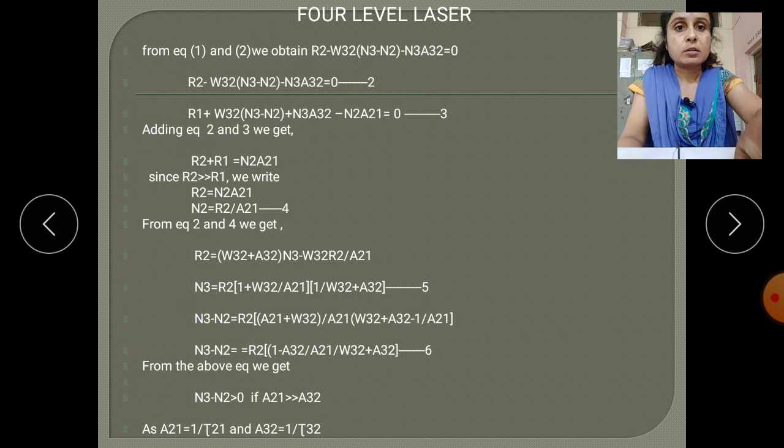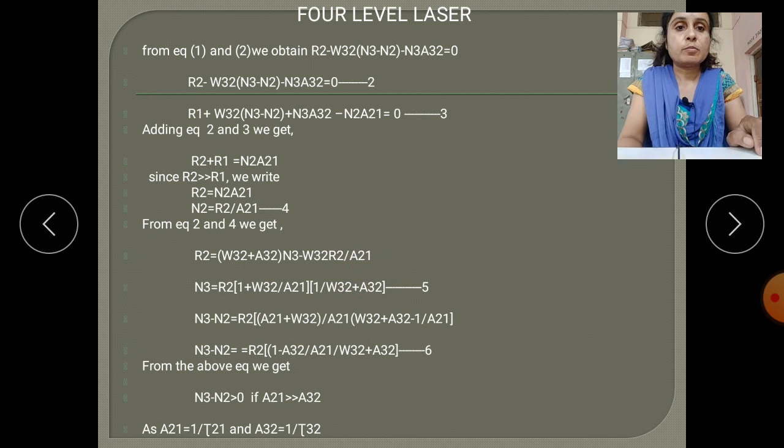So from equations second and fourth we get R2 is equal to (W32 plus A32) N3 minus W32 R2 by A21.